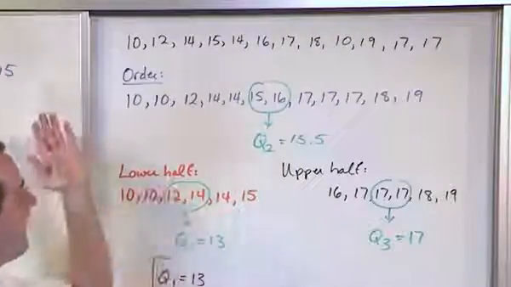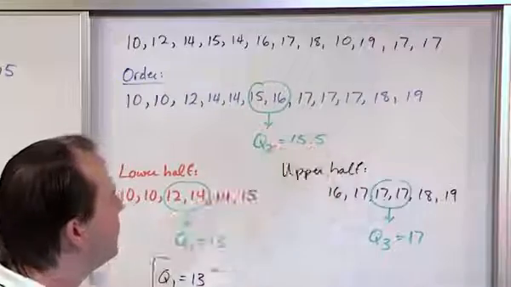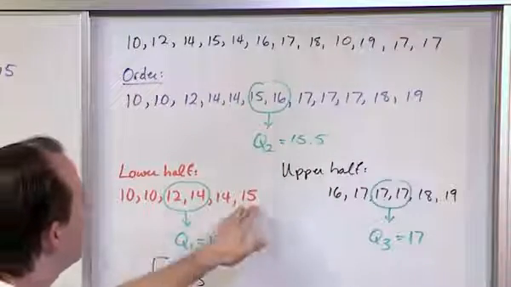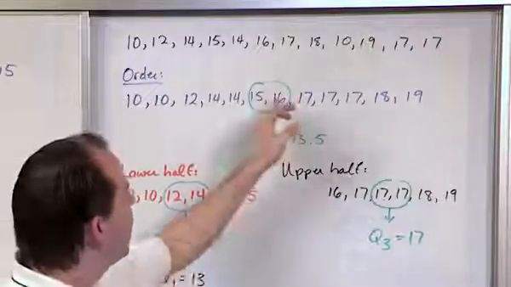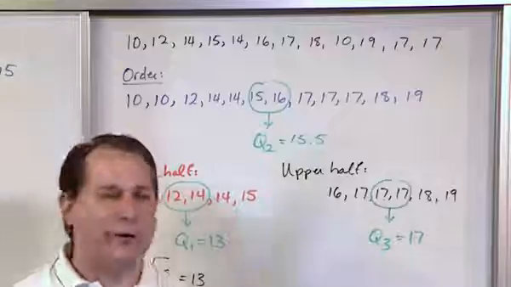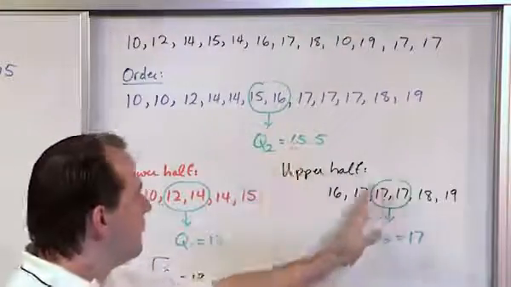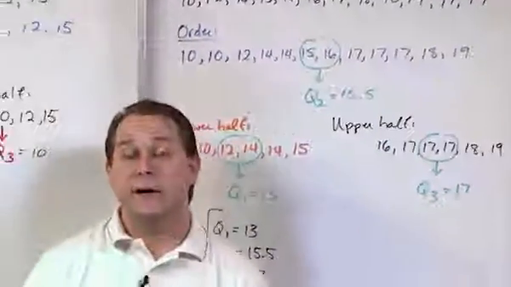When we have an even number of data values, you average the middle two to find your median. And then when you find the lower half, you go all the way up and include that number. And when you have the upper half, you go all the way up and include that number. Again, we're not throwing any data away for any of it. And then we find the medians by averaging in all cases like we do. So that's how you find quartiles.